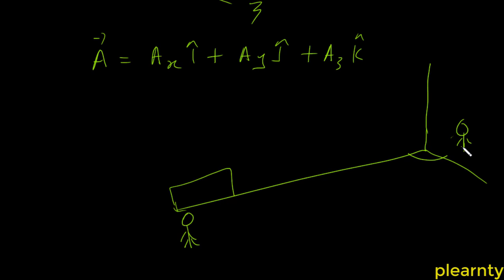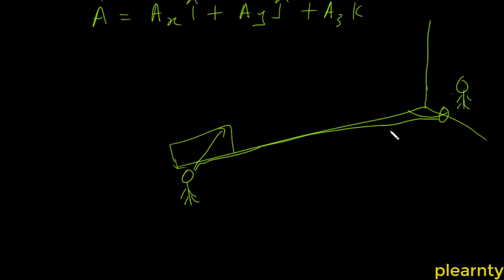Now, what if there's a header here and the player decides to kick the ball to target the head of the header, and the header also heads the ball back to the net? These are 2 different things happening. The ball from here to the head of the header and from the head of the header to the goalpost. If this motion is called A and this is called B, that means from this point to the goalpost is A plus B.